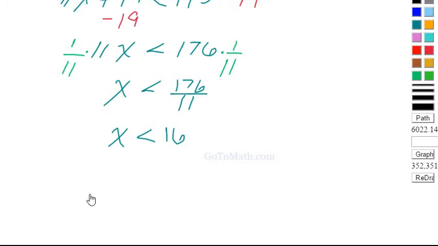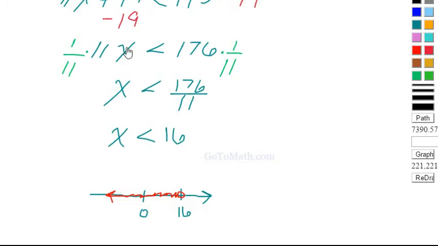Let's draw a couple of pictures here. X is less than 16, so I'm going to put 0 here, and here's 16. We don't include 16, so I'm going to put an open circle here, and it's everything less than 16.